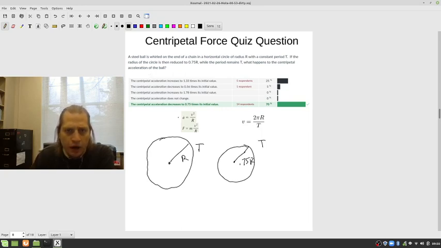Well, if you have the acceleration here, and if you simply put in 0.75 in for r, you'll get 1.33.